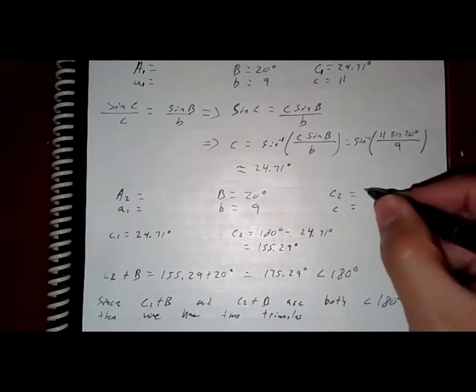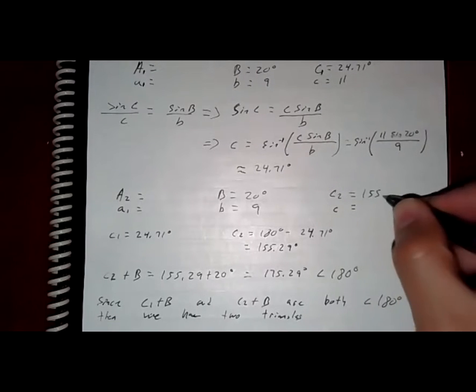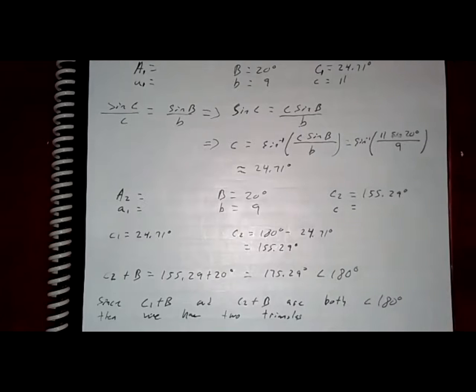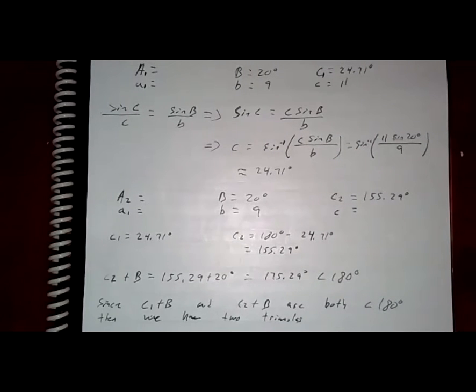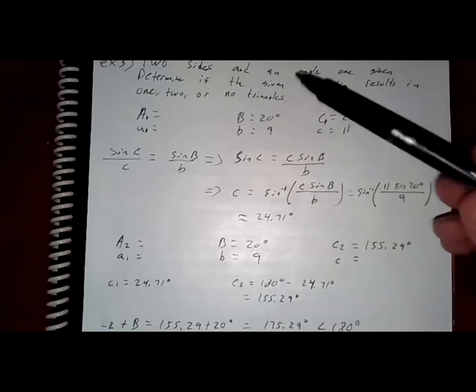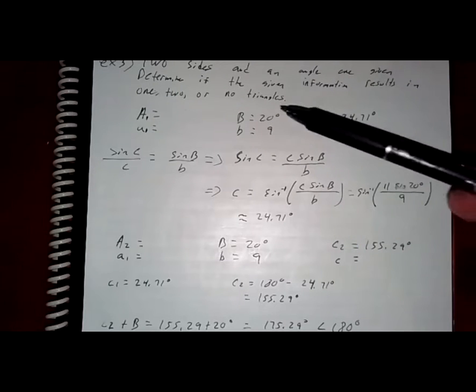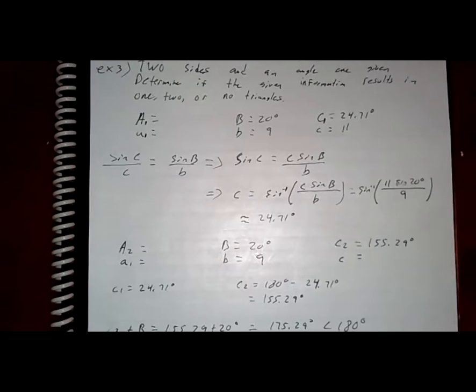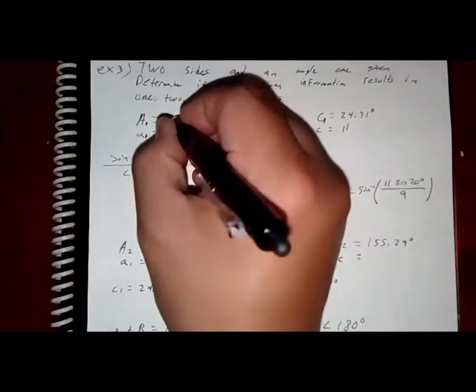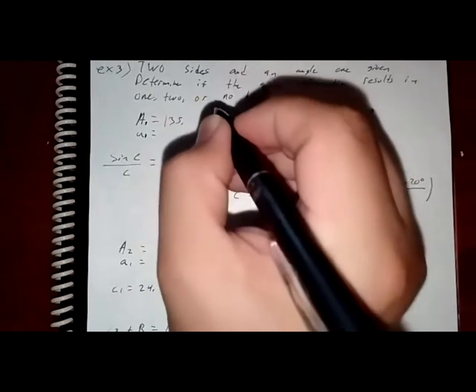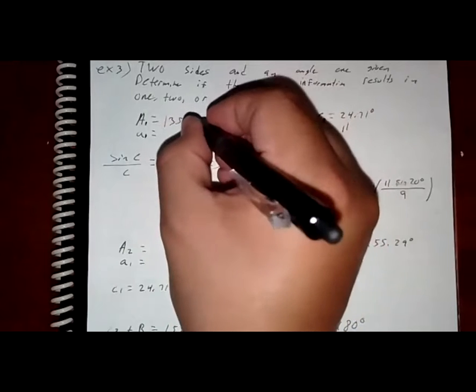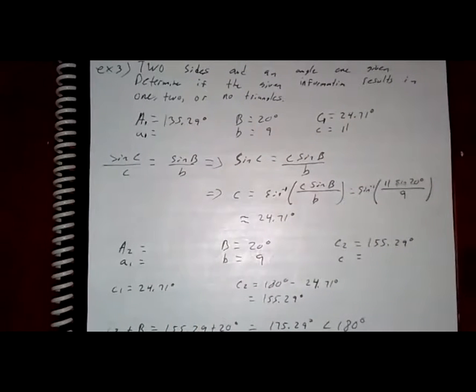All right, so this goes here. So what is A1 given these two angles? 135.29. 135.29? Yes, sir. Yeah, cool. Capital A?